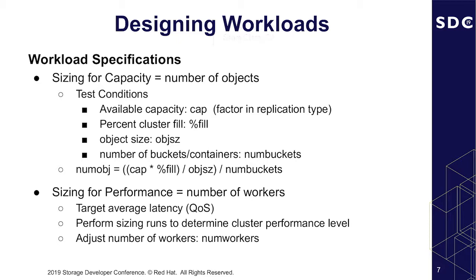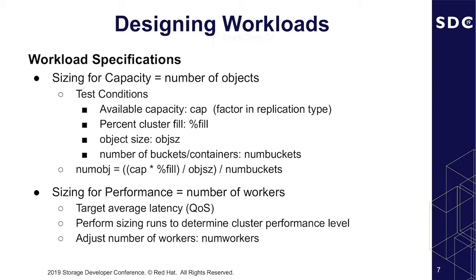And in this aspect, we're looking for the test conditions listed here in terms of available capacity, the desired percent cluster fill, the object size, which again may or may not be a constant or a histogram, and then the number of buckets. This gets us to a point where if we factor in the replication type, we can predetermine how full the cluster will be. For most of our testing, we run the clusters at least 30% full, and in most cases 50% full.